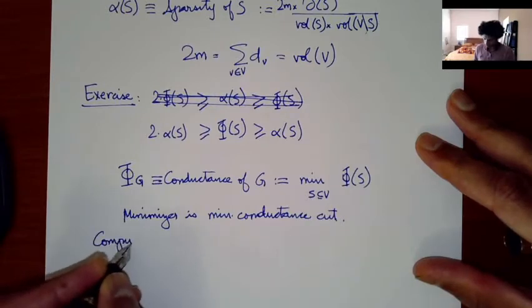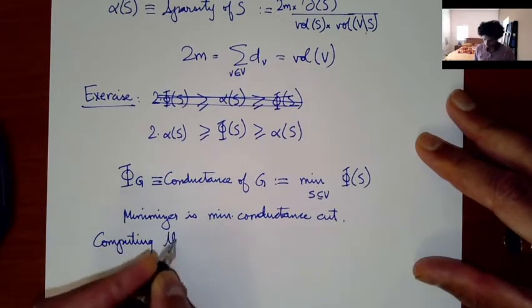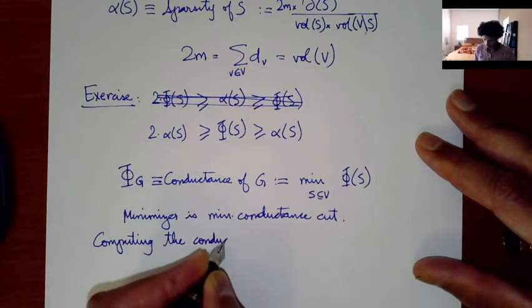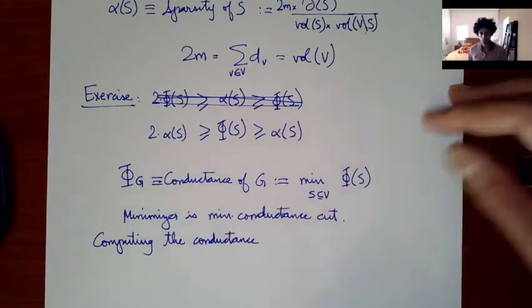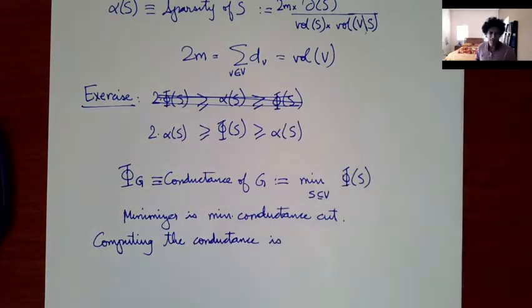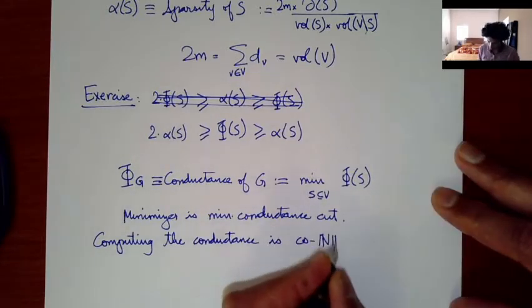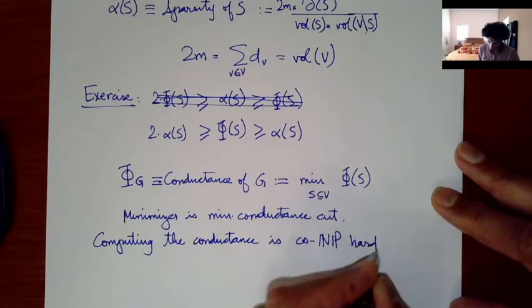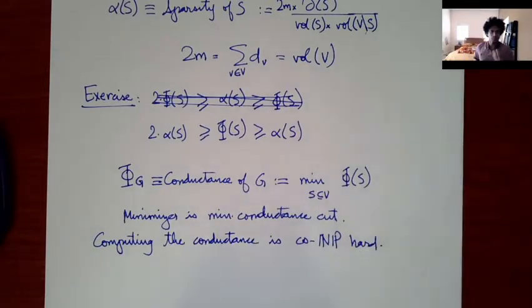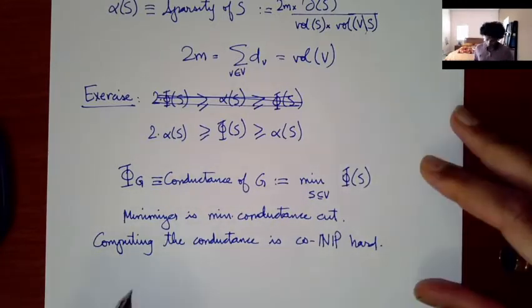So computing the conductance is, depending on how you phrase it, either NP-hard or co-NP-hard, but typically a hard problem. I say co-NP because, depending on whether you phrase it one way or the other, it could be NP-hard or co-NP-hard. But in general, computing the conductance is hard.